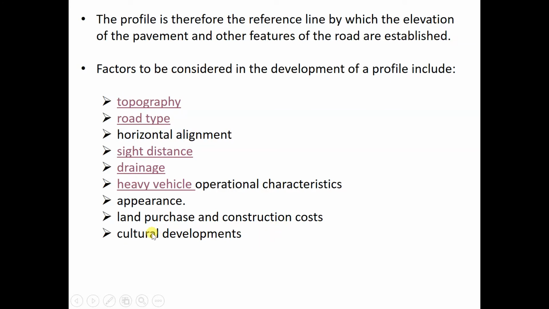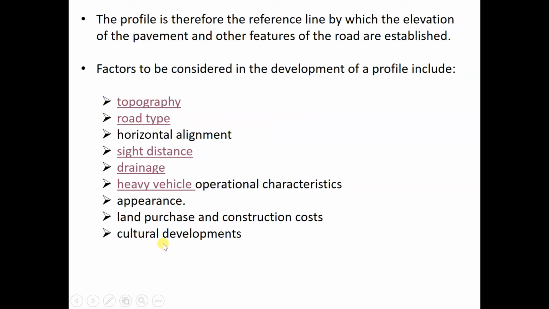So the grade of the road, especially in the cut area, is governed by the construction cost, and also for the embankment area. We have a tight budget, so probably you cannot have too much embankment, or we cannot fill too much because it's going to burst the budget.